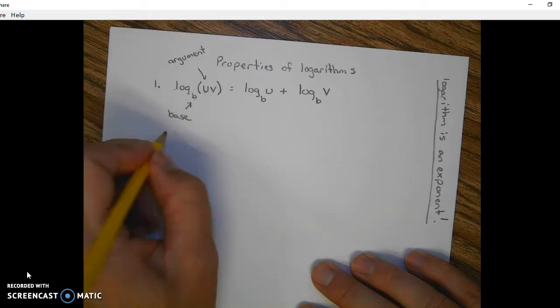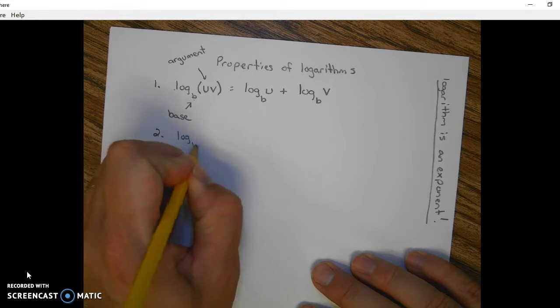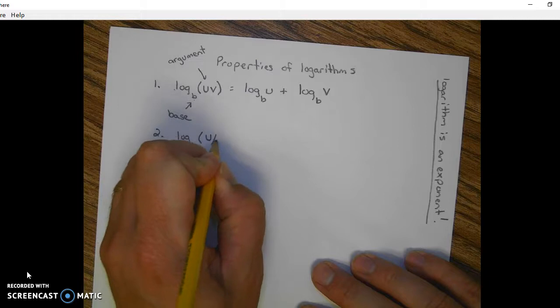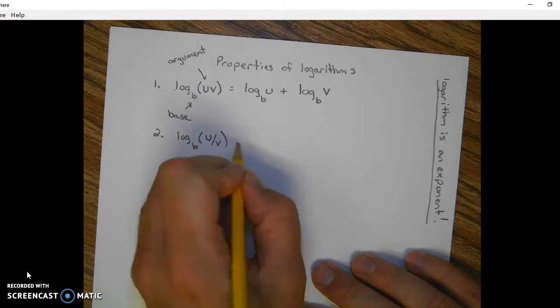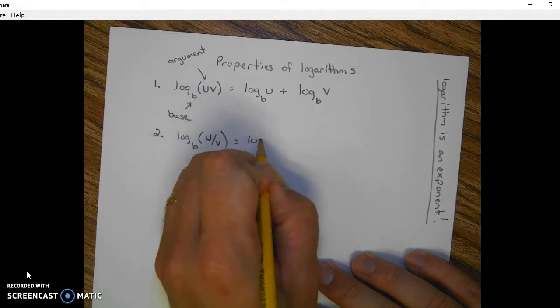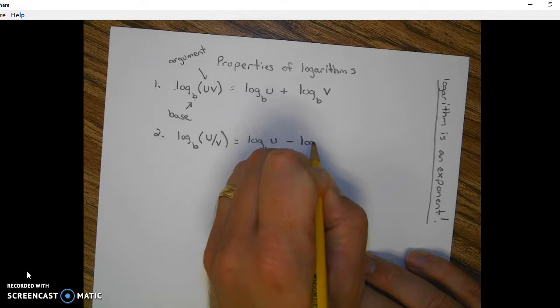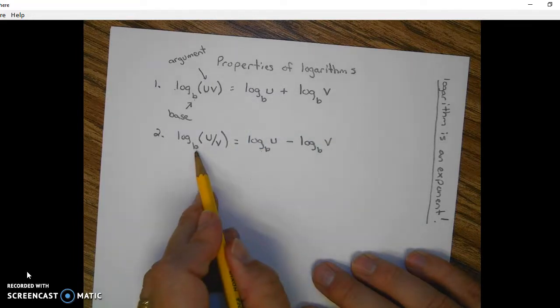Okay, so second property. Now, if we're dividing, if the argument is being divided, you can break that down into subtraction of 2 logs with the same base as the original.